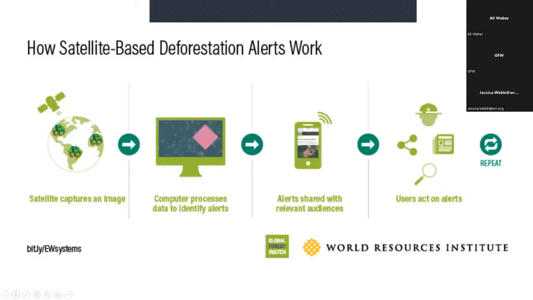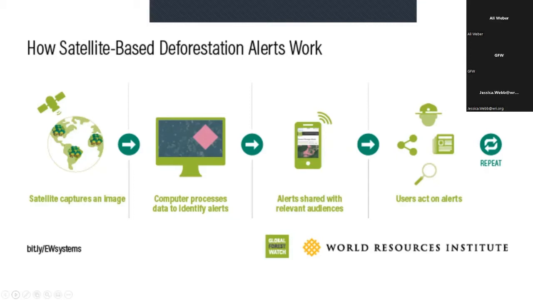There are several deforestation alert systems available on GFW, which offer near real-time data on forest disturbance. These alerts help forest protectors to quickly identify and respond to deforestation. So as you'll see in this graphic, satellites circling the Earth are used to capture images and collect data.